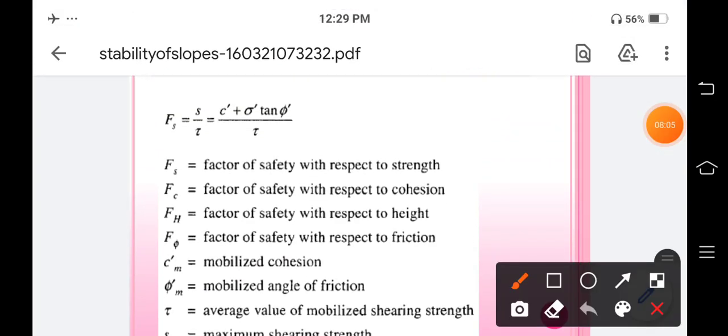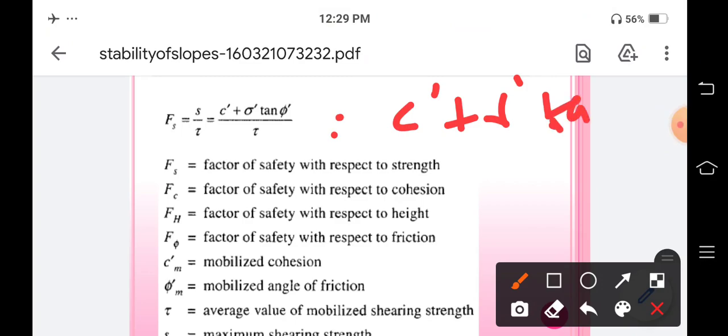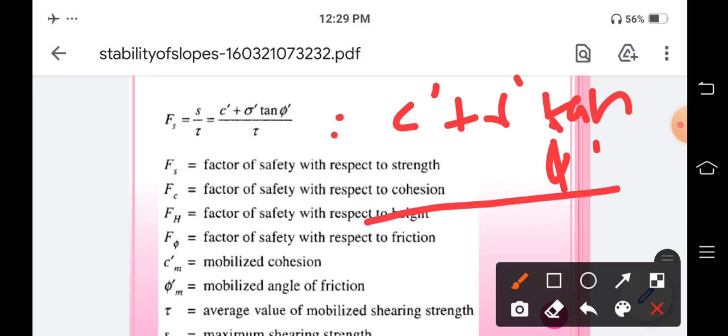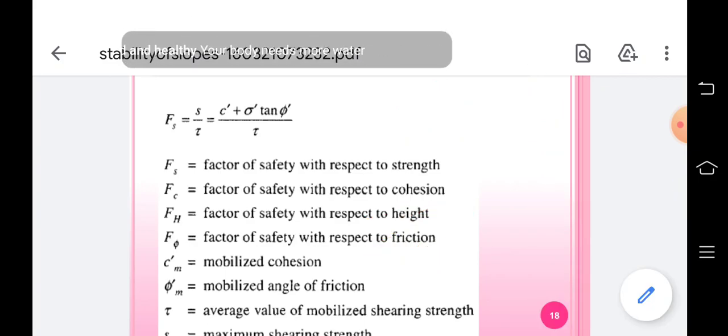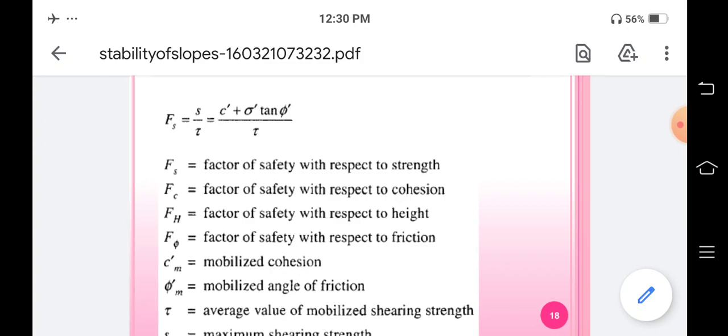In a simple way, we can write C dash plus sigma dash tan of phi dash as the formula for shear strength, and upon tau the formula will be Cm dash plus sigma dash tan of phi m dash. Both terms are the same; the only difference is that S is the shear strength and tau is the shear stress.